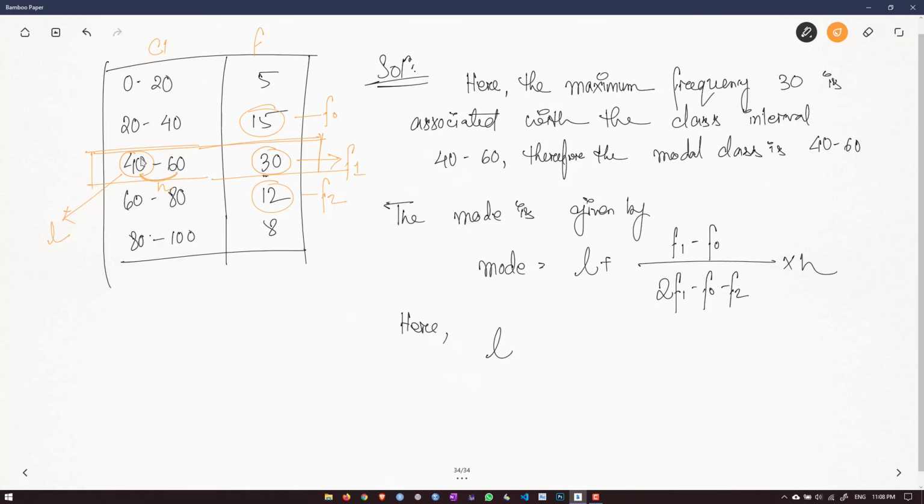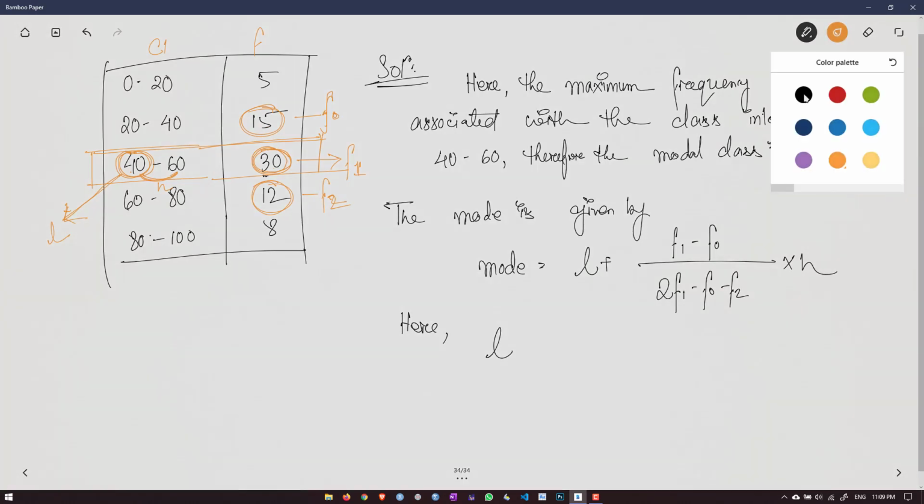So finding out the lowest class limit and the class width are the same for median and mode. Only thing different in mode is, remember this, the frequency of that class, 1 before, 1 after. The sequence is 0, 1, 2.